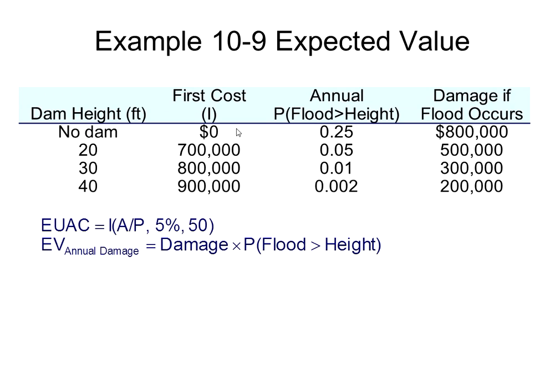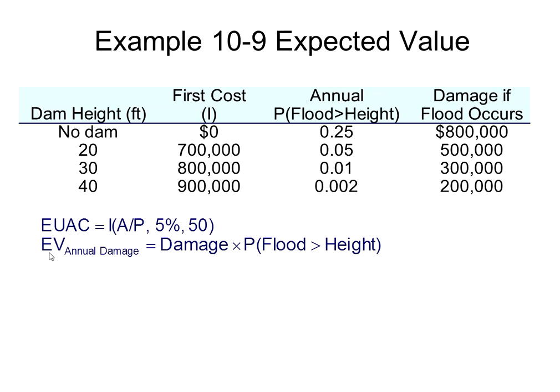So given there's no dam, then we have probability of flood being 0.25. And then this is the amount of damage that happens if we have the flood. And so for different height of a dam, we have different flood damages, which is decreasing with the height of a dam being higher.